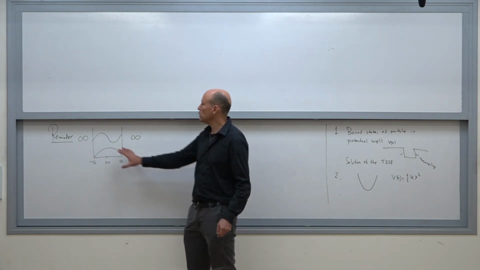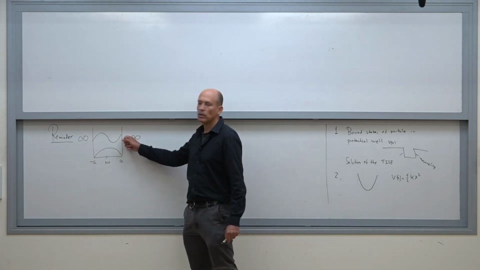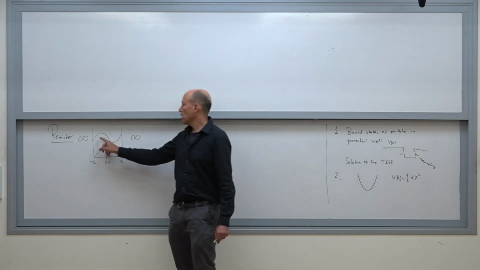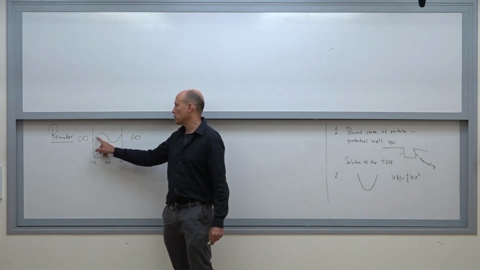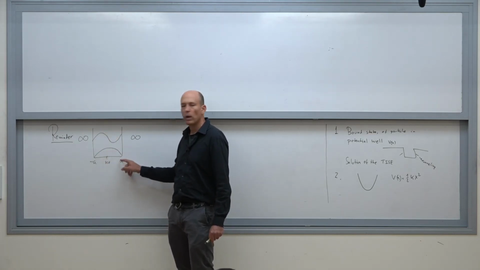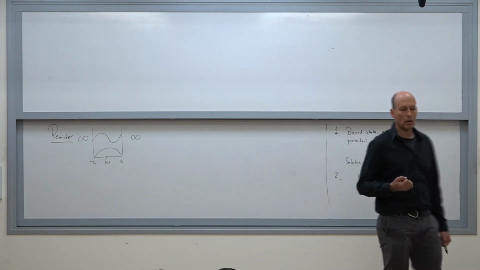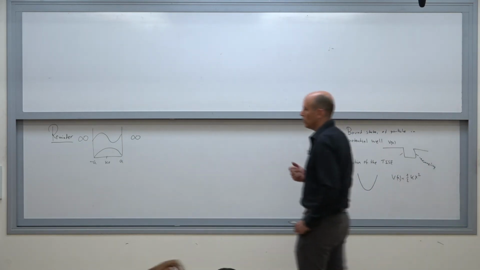Now, when you look at these functions, you see that this one is an odd function. The wave function here is plus something, here it's minus something. It has a symmetry. Here it's a symmetric wave function. So this is something that we are claiming is general.